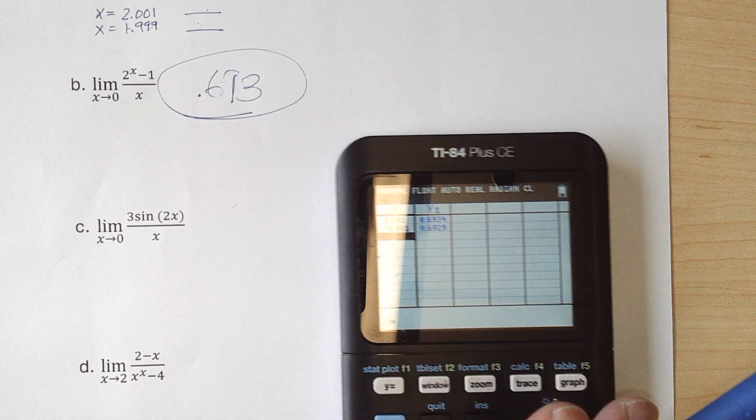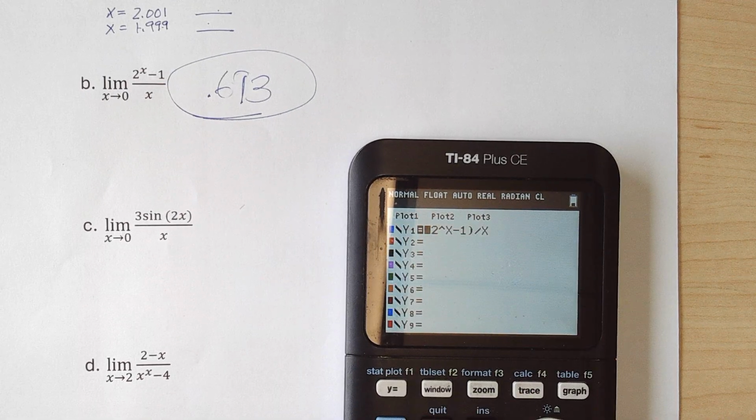So on this next one, I just go to my equation here, clear it, and type in parenthesis 3 sine 2x, close parenthesis for the numerator, divided by x.